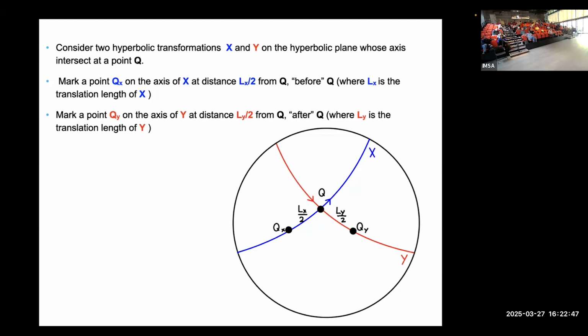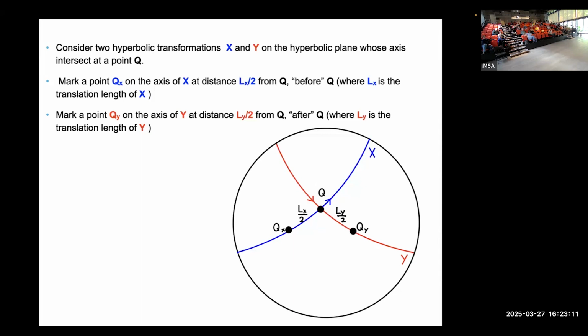So to find the product, this is the intersection point here, Q, of the two axes. I'm going to find another point, I call it QX, that is at a distance of half the translation length of X from the intersection point, going backwards in the direction of X.